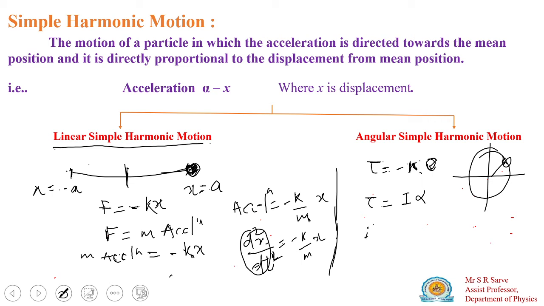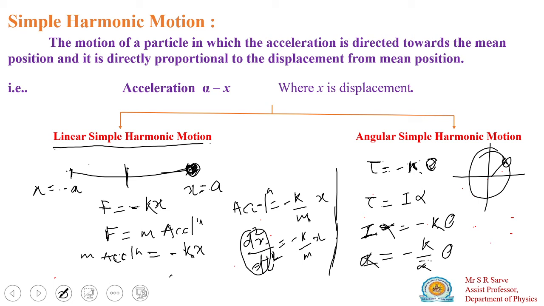If you equate these two equations, you get I into alpha is equal to minus k into theta. Sorry, you have to take alpha here.